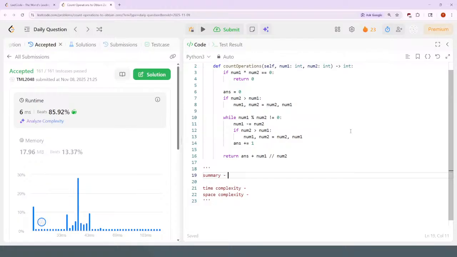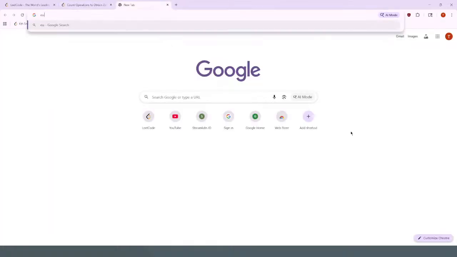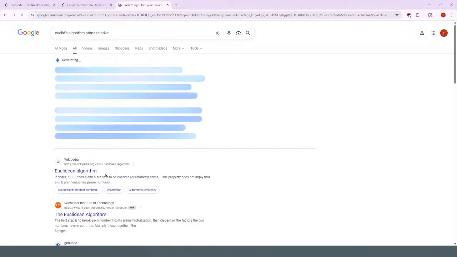So summary here. As an aside, this problem is very similar to Euclid's method for determining, I want to say, whether two numbers are relatively prime. Euclid's algorithm, prime relative, I think, or is it greatest common factor?